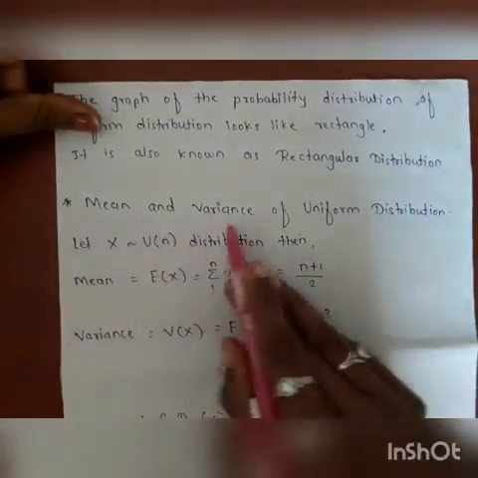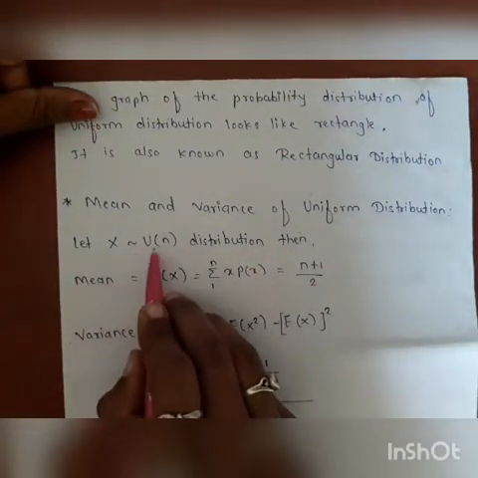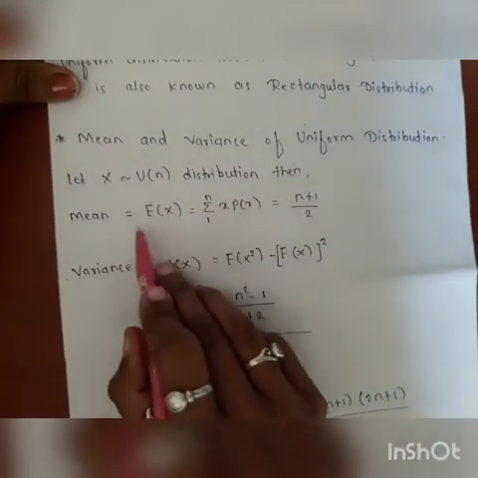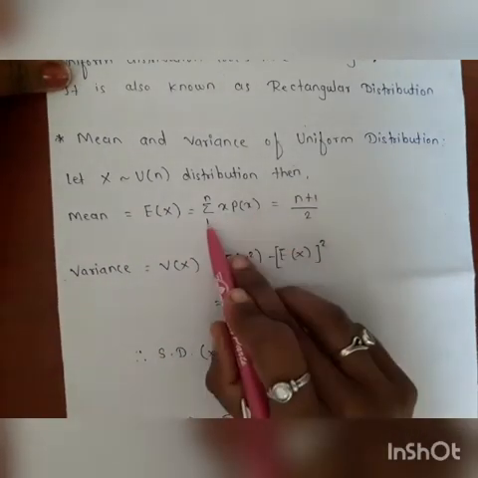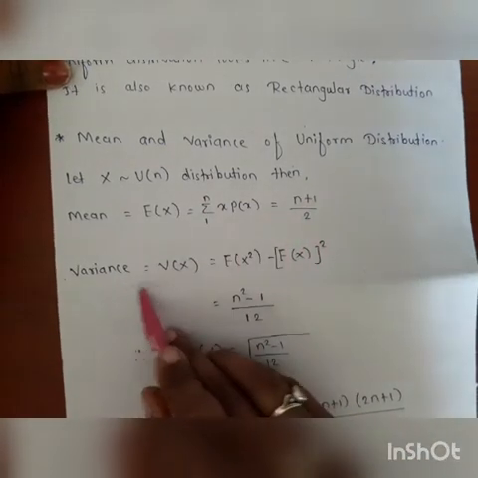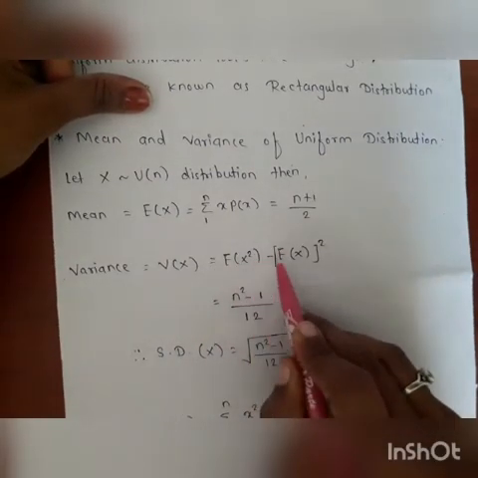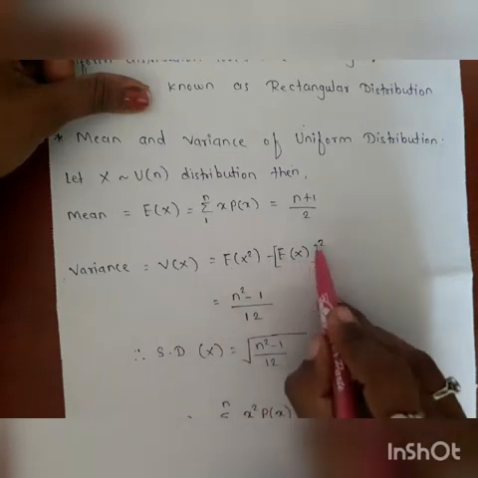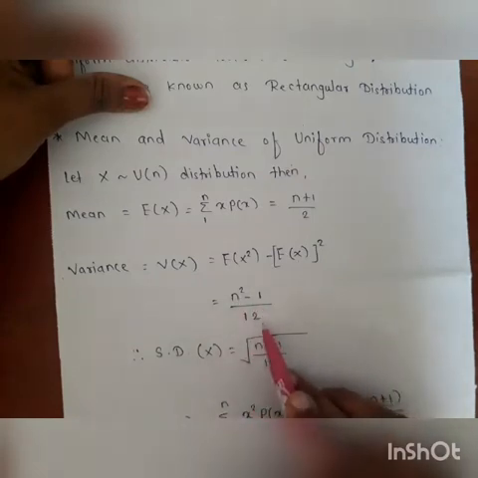Next point, mean and variance of uniform distribution. Let X be related to U of n distribution. Then mean, which is E of X, is equal to summation x into p of x from 1 to n, which is equal to n plus 1 divided by 2. Variance V of X is equal to E of X square minus bracket E of X bracket square, which is equal to n square minus 1 upon 12.